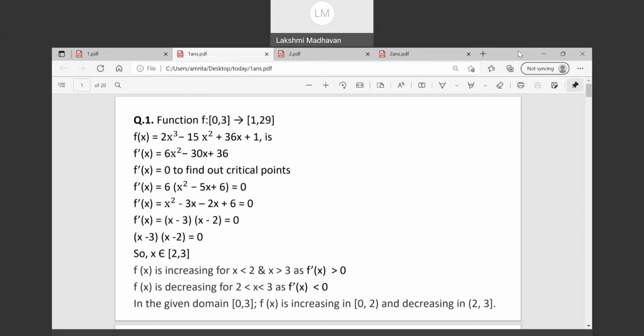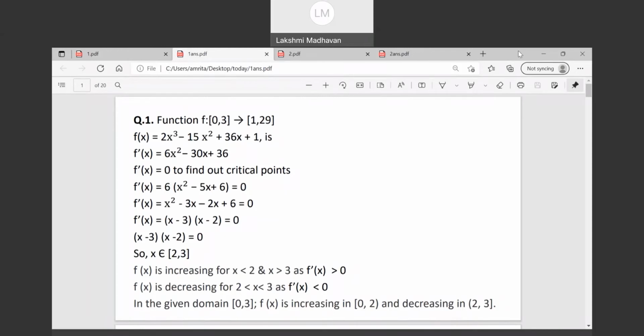Now we are going to check the mapping, whether it's 1-1 or onto. Here f of x is increasing when x is less than 2 and when x is greater than 3.